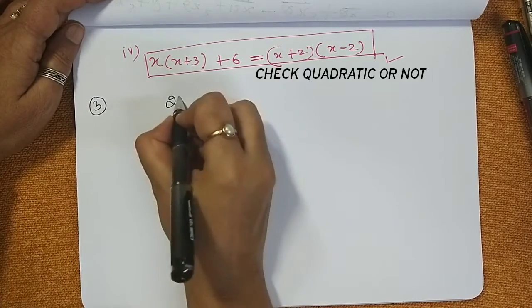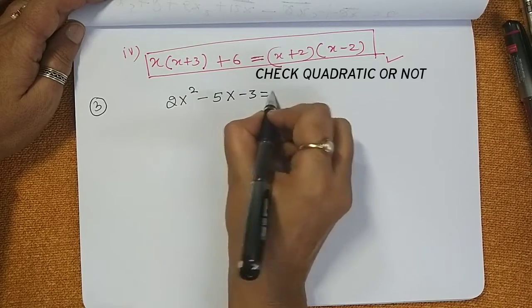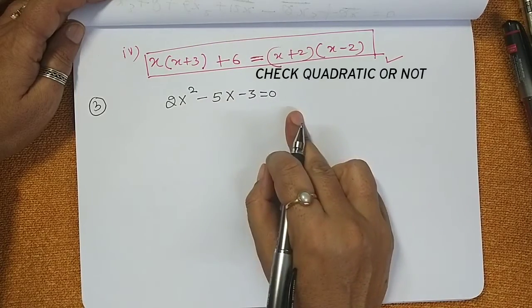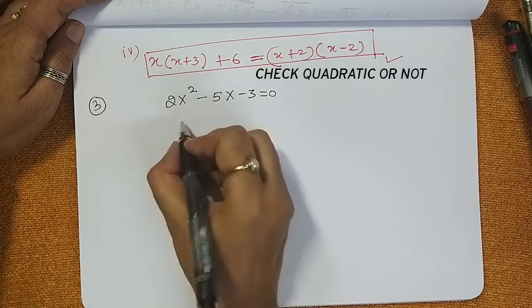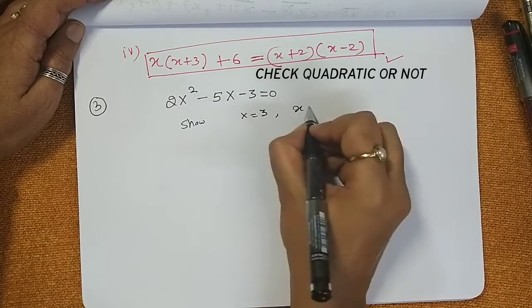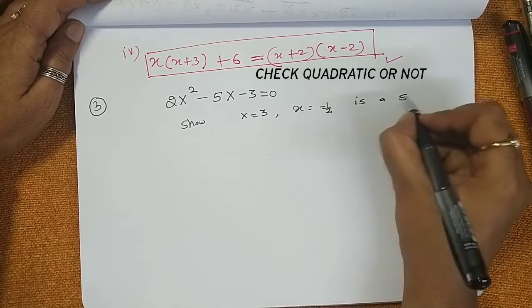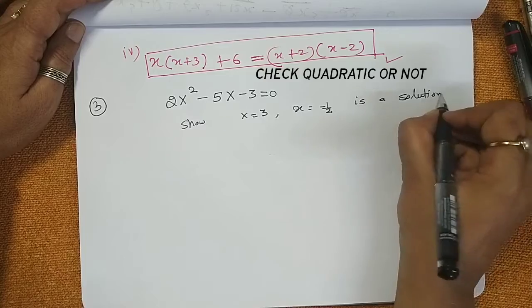Here is the question, guys. 2x square minus 5x minus 3 is a quadratic equation. You have to show that x is equal to 3 and x is equal to minus half are solutions. You have to show it.